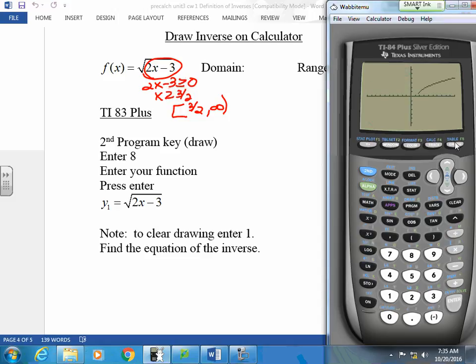So it looks like a little piece of an arm. This little 3 halves, that's your vertex point, like if you had a vertex point. Okay, that's the point that it's going to start at, where x is 3 halves. Now, to find out what that y is, I can't see it in my table, right? To find out what that y is, do a second calc and put in 3/2.